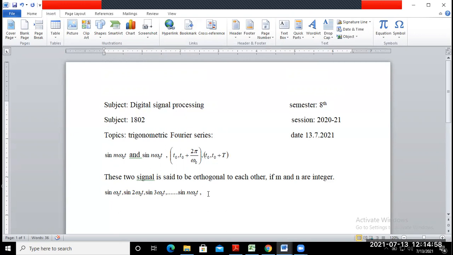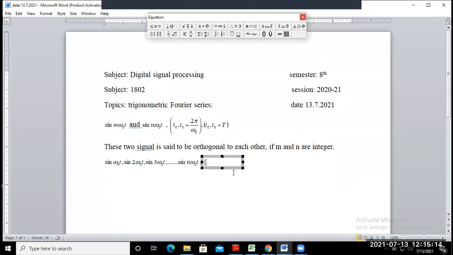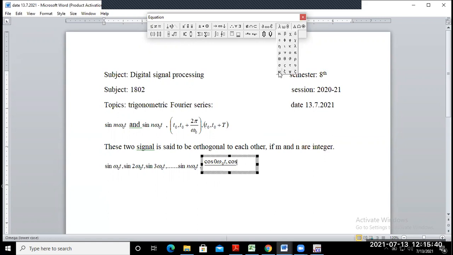So the cosine set is cos 0 omega naught t, cos omega naught t, cos 2 omega naught t, up to cos n omega naught t.